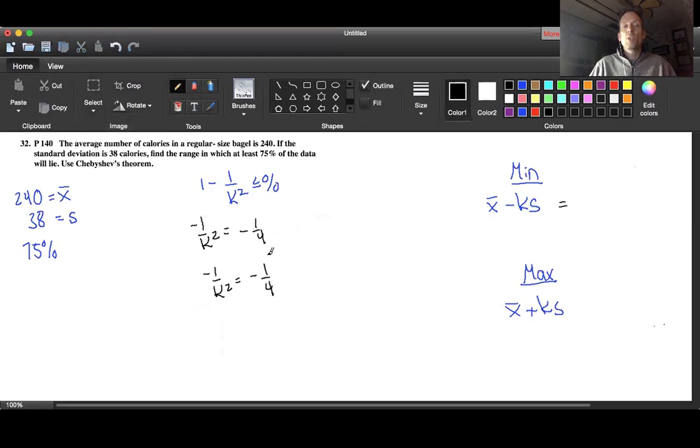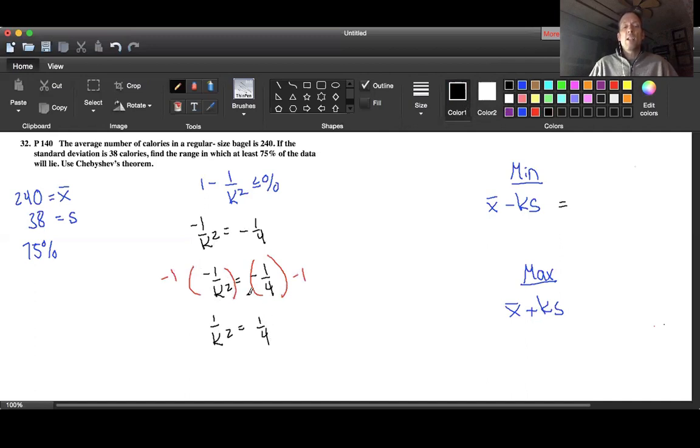And I'm going to multiply both sides of my equation by a -1. So the left side is just like this, -1, and the right side is just like that, -1. And that's going to clean up to be 1 over k squared equals 1/4.